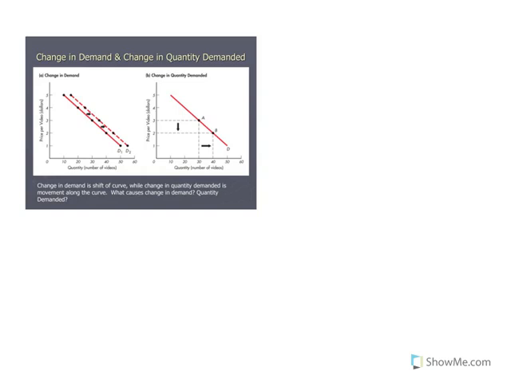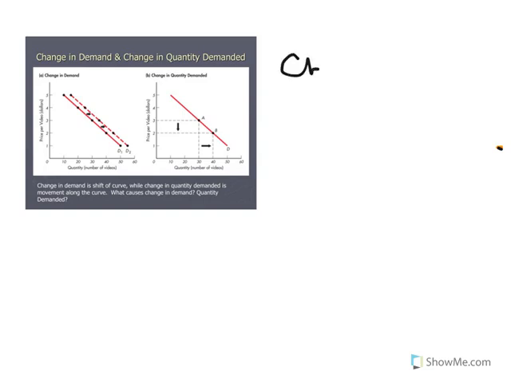So just to recap here, I want to make sure that you completely understand the difference in a change in demand for a good versus a change in quantity demanded of a good. Anytime there's a change in demand, that's going to be like graph A here. In other words, the entire curve is going to shift, just like all of the examples I did for you on the previous slides.